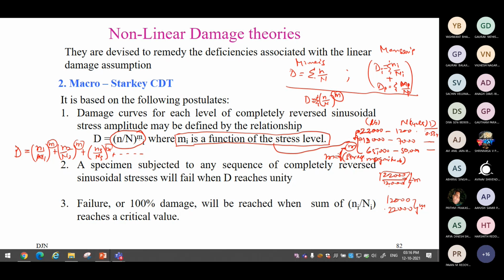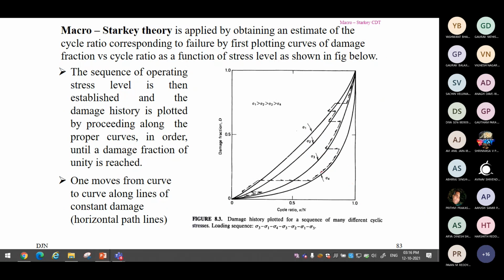This is the difficulty. If the sequence is changed, the m value becomes different. So that we have to understand from this particular theory.